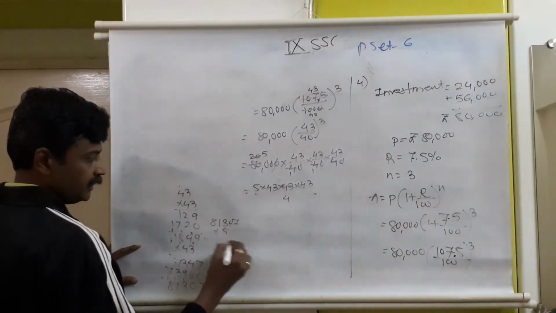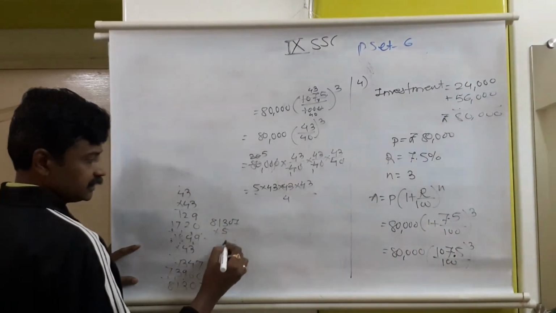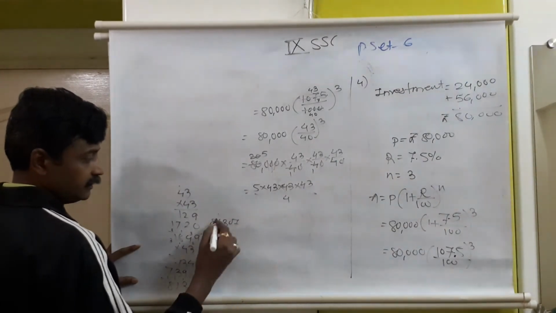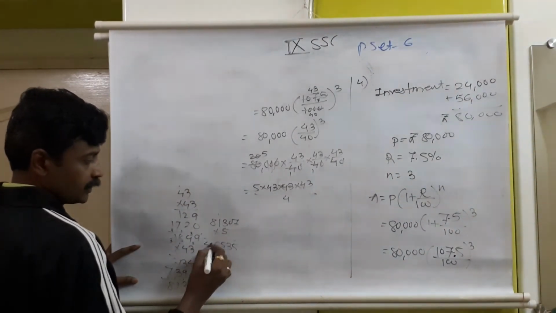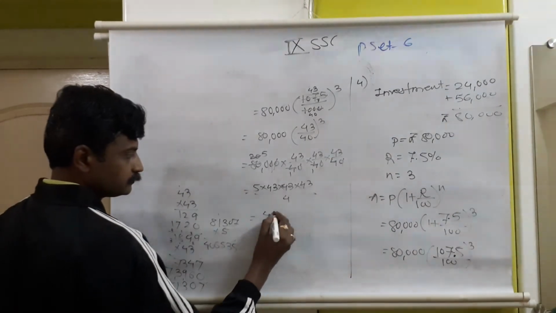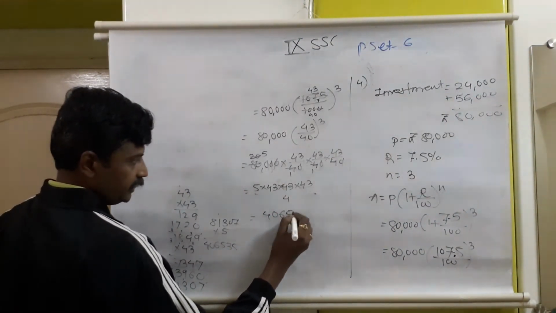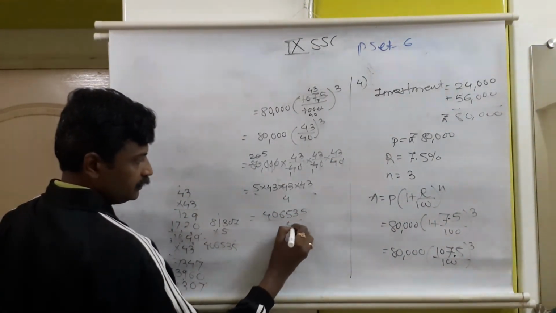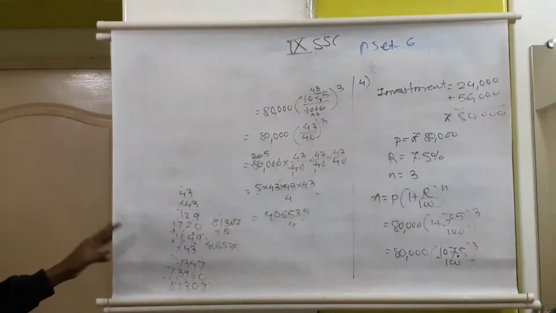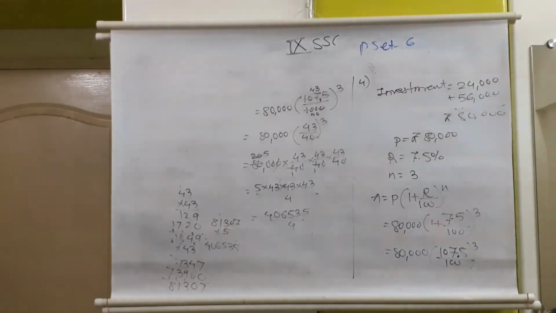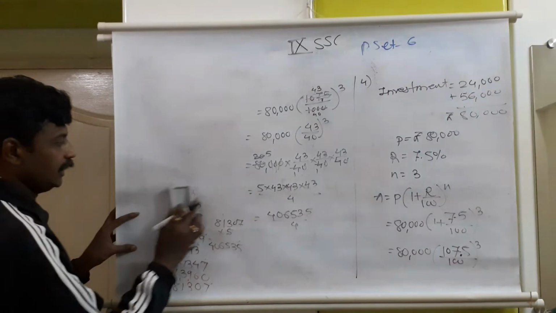81307 multiplied by 5. 5 sevens are 35, 5 threes are 15, and so on. 406,535 upon 4. 406,535 will be the product at the numerator, and at the denominator we have 4.